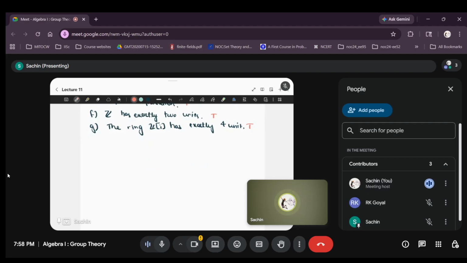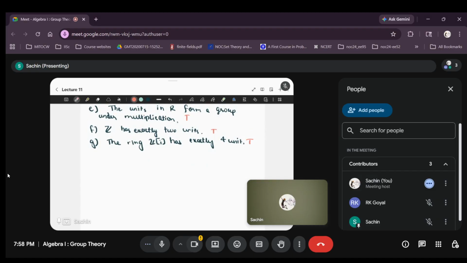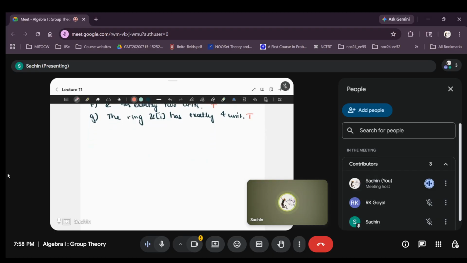Then the final problem for this segment is, okay, this is the definition. Let R be a ring.